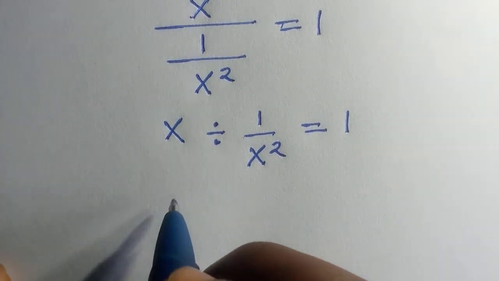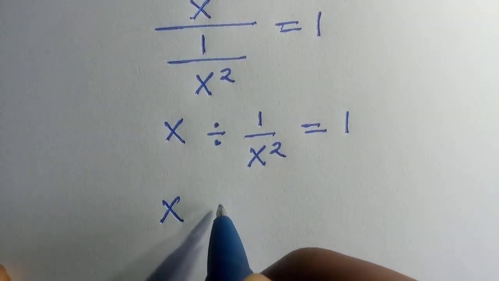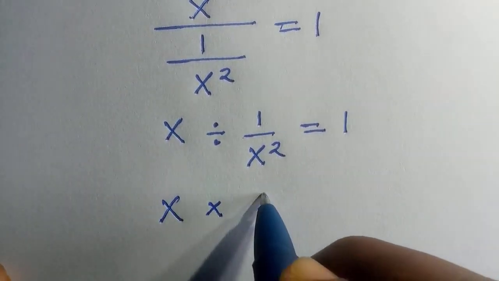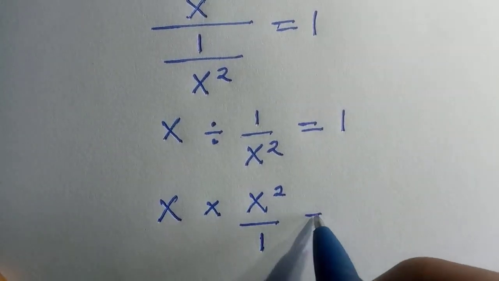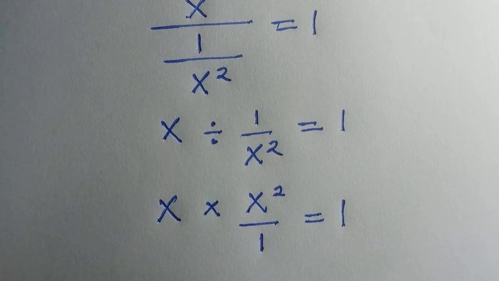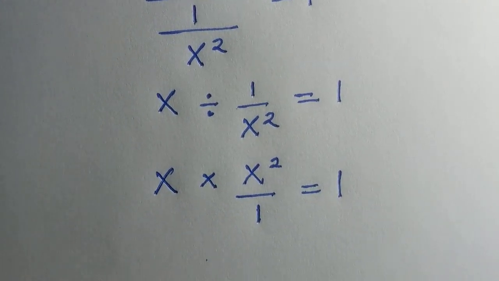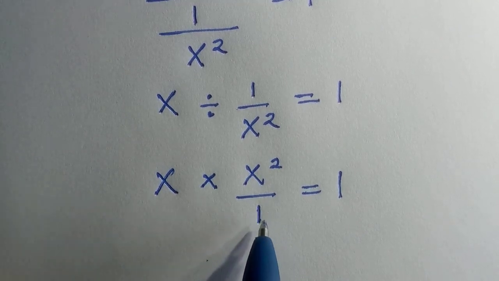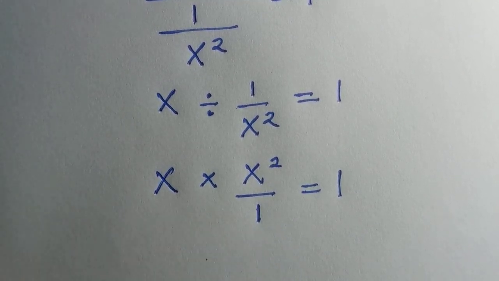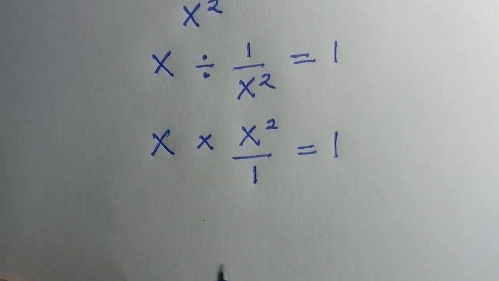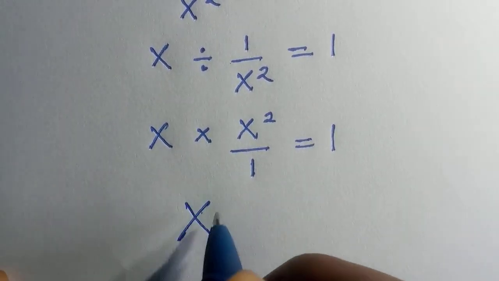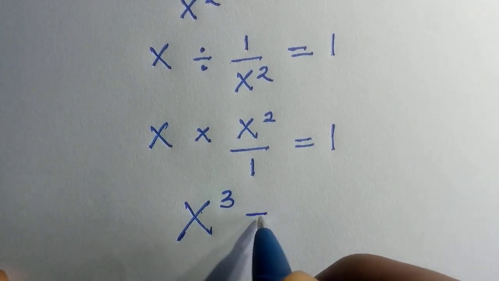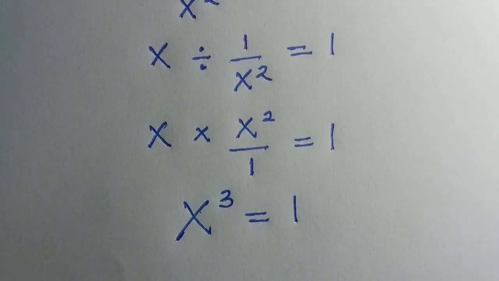By doing that we have x multiplied by x squared divided by 1 equals 1. That is the rule of reciprocal: we change this division to multiplication, and we also switch the position of numerator and denominator. So x multiplied by x is now x to the power of 3 equals 1.